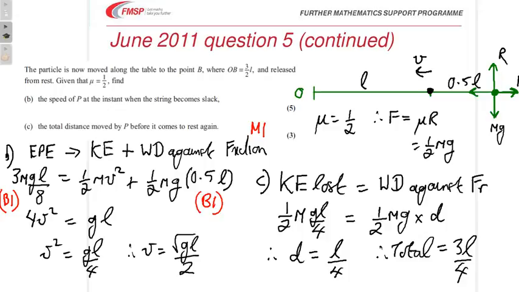And there were 2 accuracy marks for dealing with that and finding the correct value of v. That's 5. Then 3 marks for this last bit: a method mark for the energy equation again, and 2 accuracy marks for sorting that out and finding the distance. Yeah, that's right. So, thanks for listening. That's June 2011, question 5.